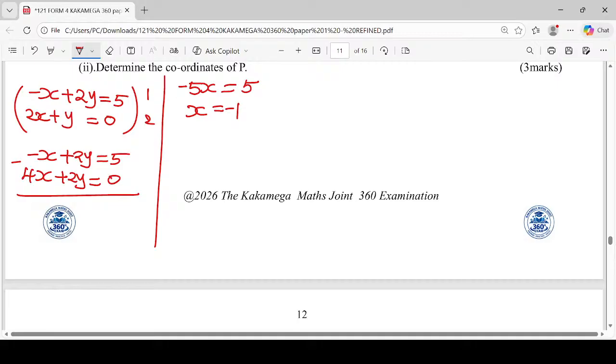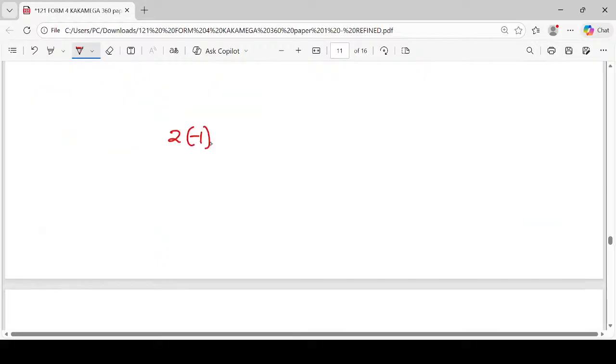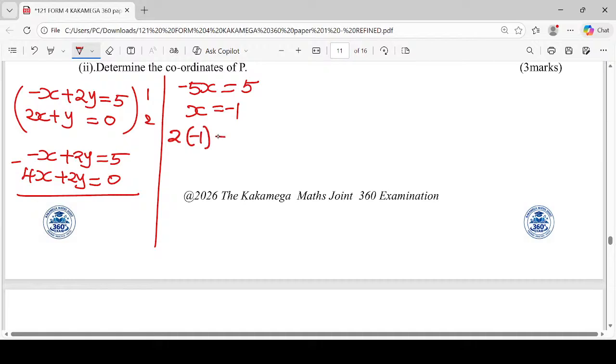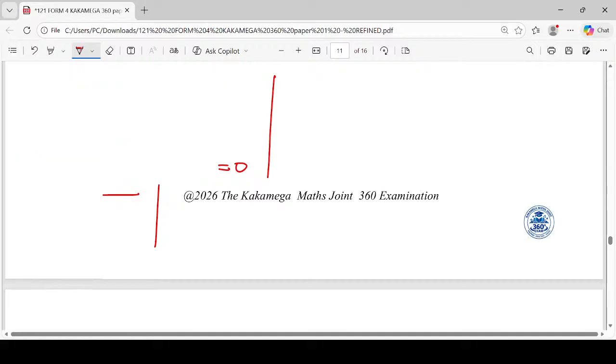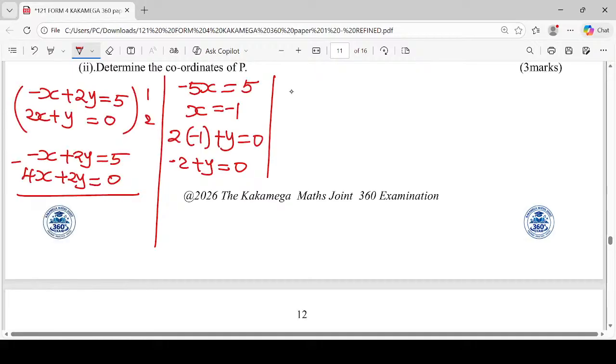After getting the value of x as -1, to get the value of y, we are going to replace in any of the equations. Allow me to replace in the lower equation, that is 2x plus y to give me a 0. So that will be now 2 into -1 plus y to give me a 0. So this means that -2 plus y is equal to 0, that will mean that y will be equal to 2.